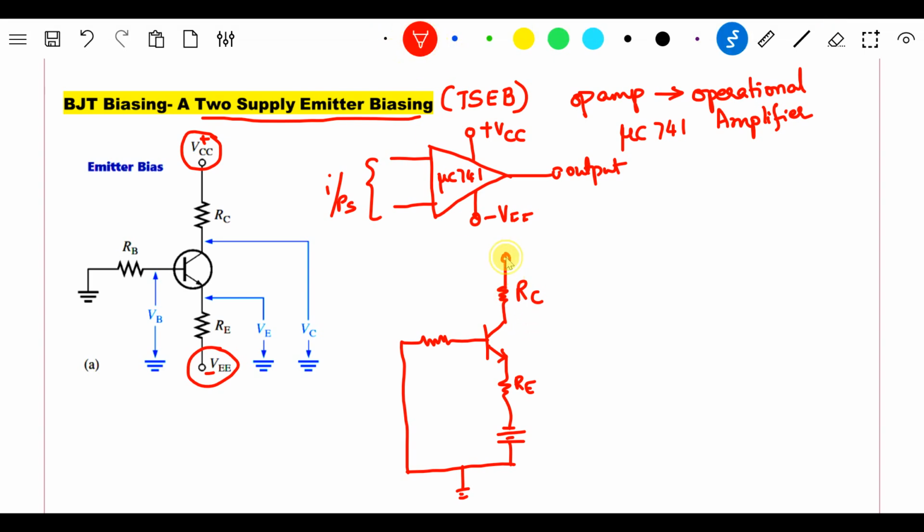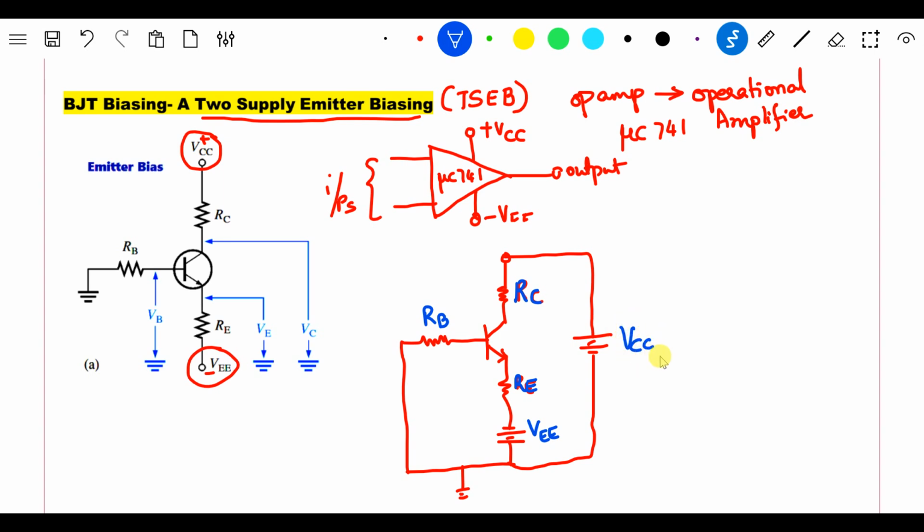Now I will take from here and connect the VCC. So this is your RB, RC, RE, and this is your VEE, and this is VCC.